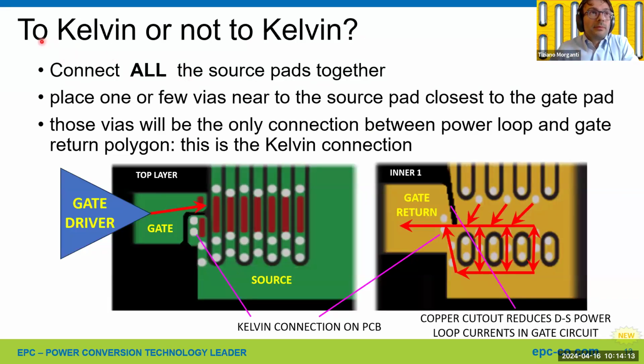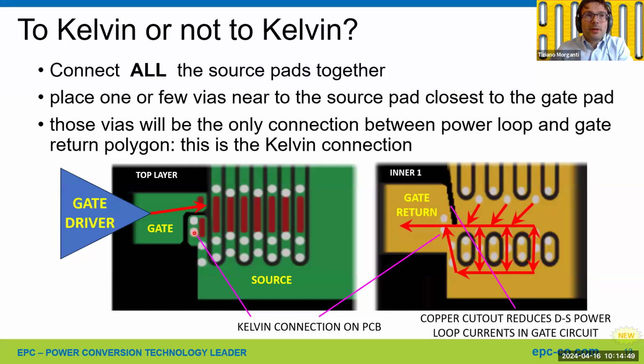Regarding the connection to the gate driver, we have multiple source terminals in our devices. The correct way to implement the Kelvin connection to the gate driver is the following one. You need to connect all the source pads to the power loop, because all of them are responsible for the controlled current conduction.